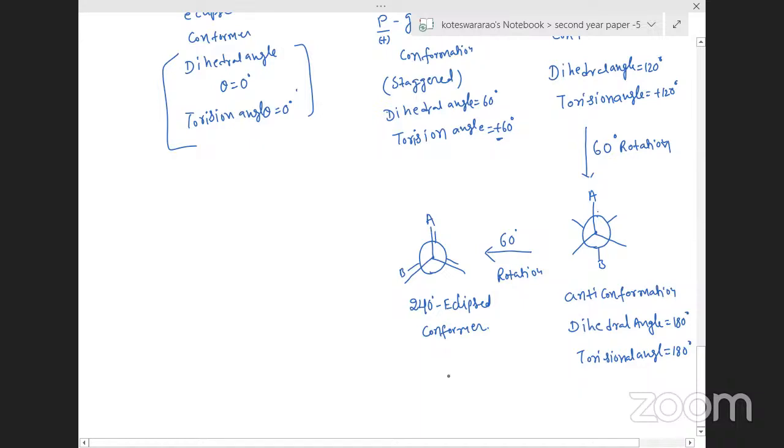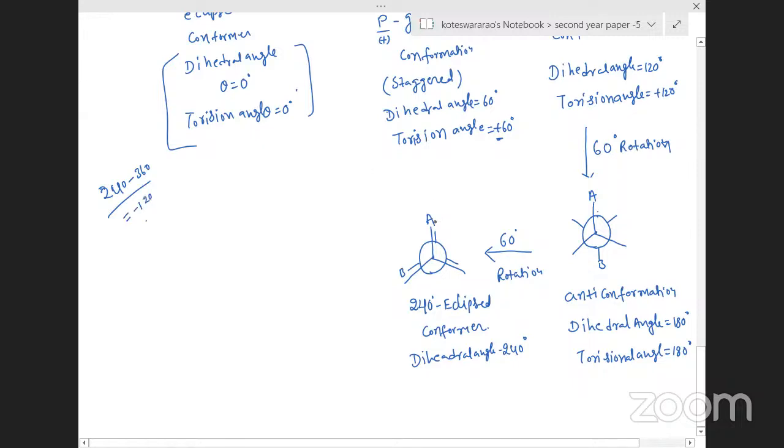What is the dihedral angle? The dihedral angle is 240 degrees. Then the torsion angle: 240 minus 360. What is that? Minus 120.